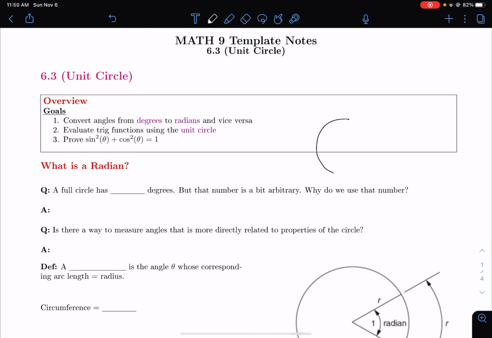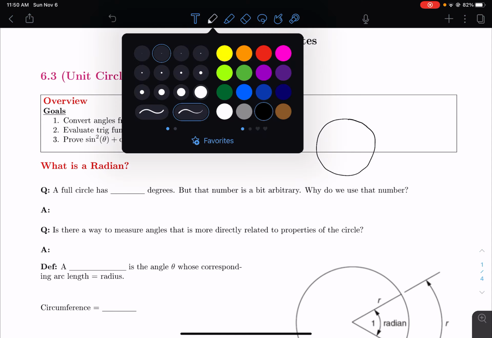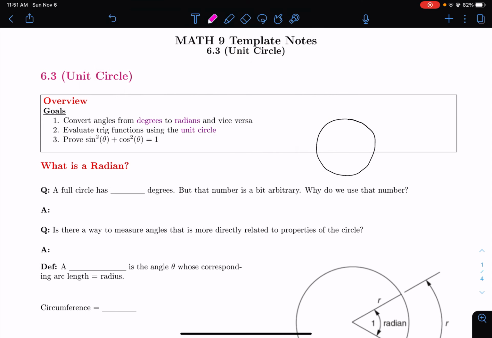So if I think about a full circle, we've typically measured angles in full circles with degrees, and a full circle has 360 degrees. But why do we use that number 360, as opposed to 100 degrees or some other value?